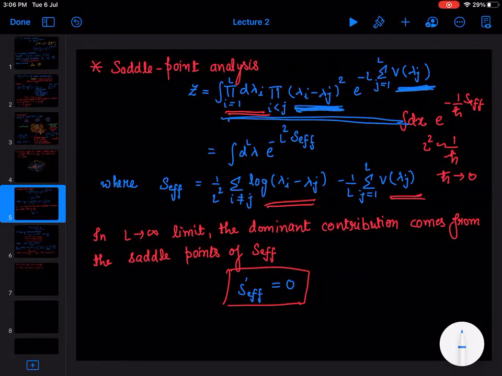In general, your potential can have n number of minima. Then your eigenvalues will be distributed in n intervals around those minima. What I'm saying is I'm just considering the simple case where I have only one minimum and my eigenvalues are distributed in some interval from A minus to A plus.